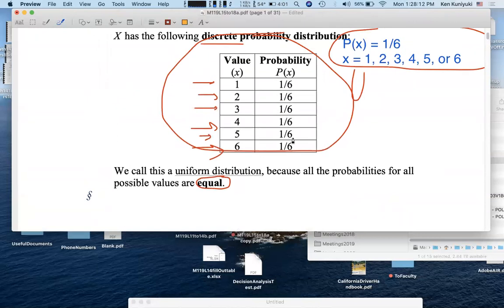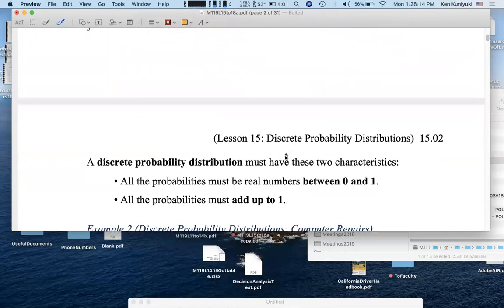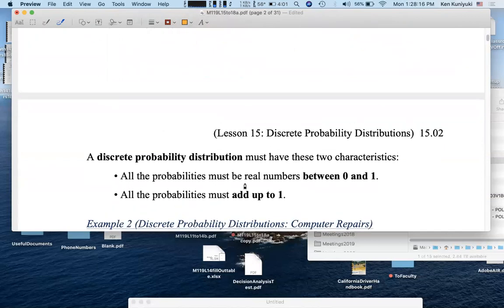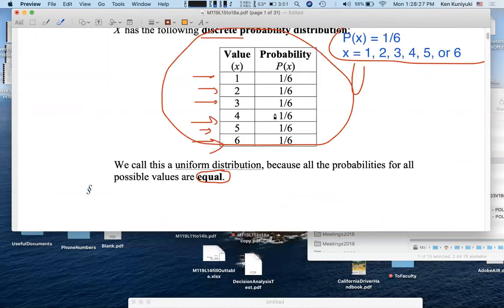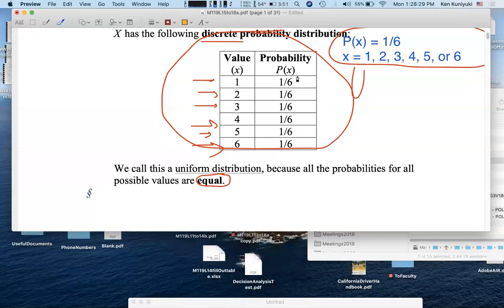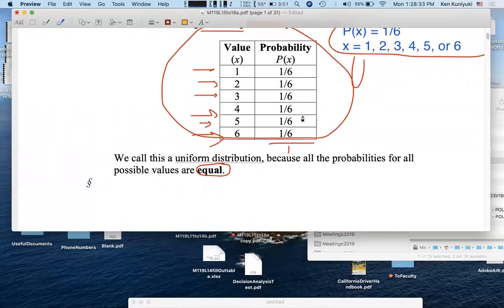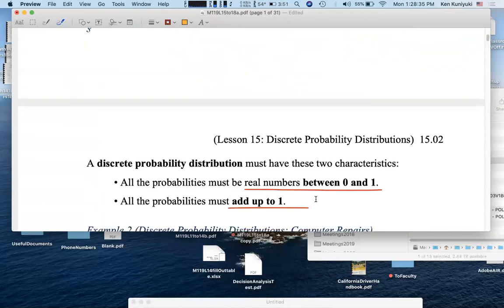They have to be real numbers between 0 and 1. You can't have negative numbers or probability or numbers like 2 or 3. And all the probabilities must add up to 1. So you must indicate all the possible values, and the corresponding probabilities have to add up to a sum of 1. If there's round-off error, there's round-off error.